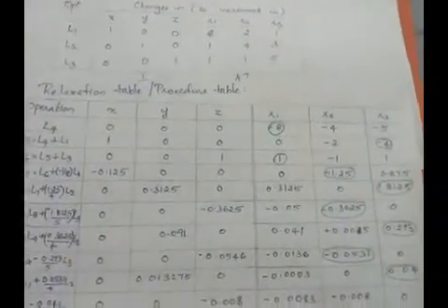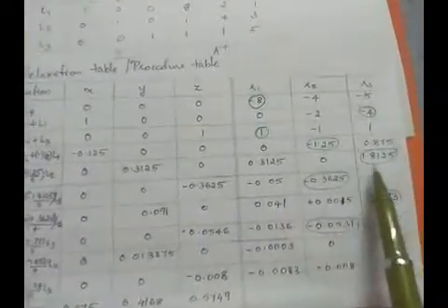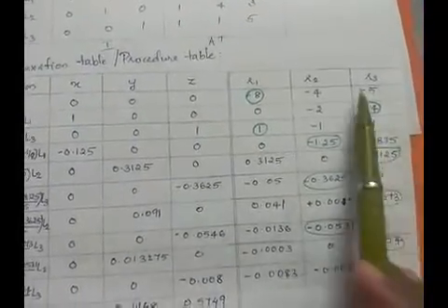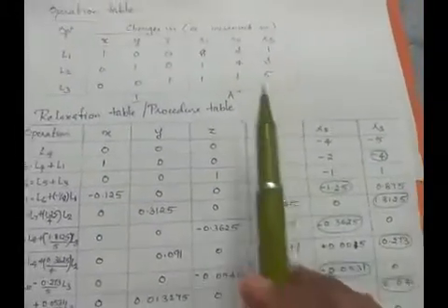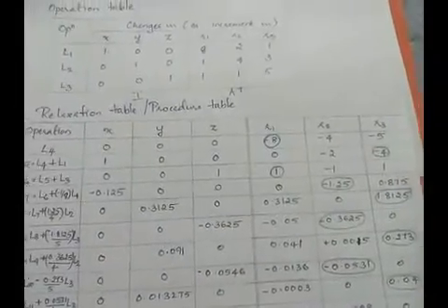Okay, now we'll check one more. In L8 you can see the highest number is 1.8125, which is for R3. That means in the operation table we will choose L3, and the value of L3 is 5, right?